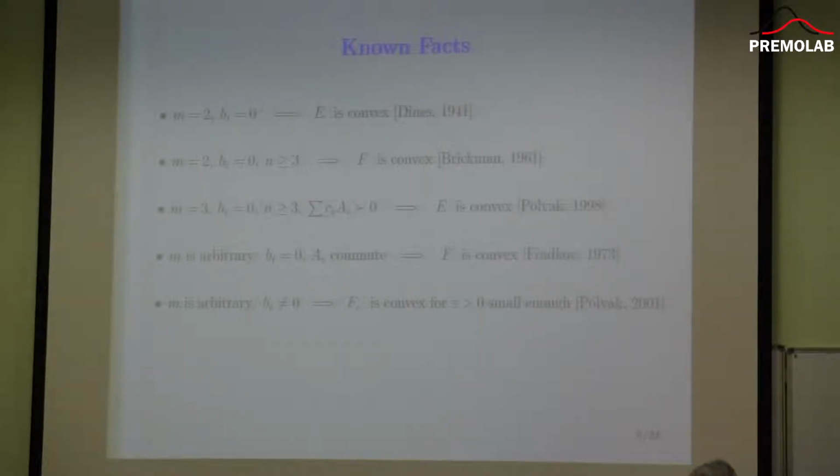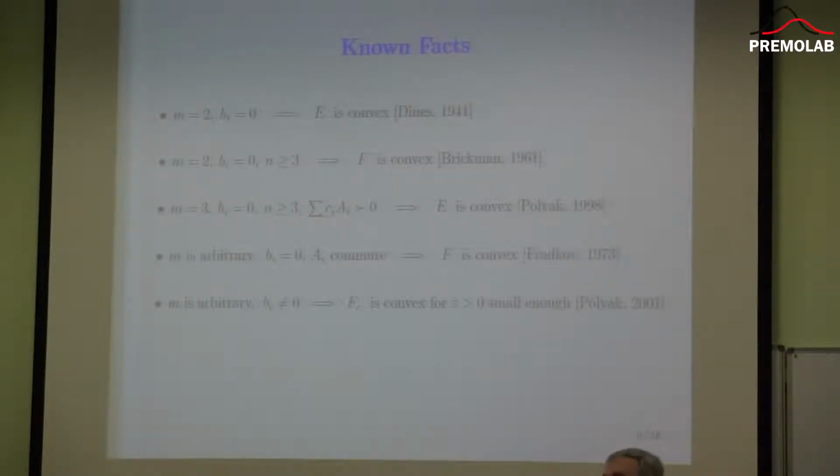Another result is about the convexity of the image of a small ball. I formulated the problem as an image of a unit ball, but let's deal with the image of a ball of radius epsilon. Then it can be proved that for epsilon small enough, the image of the ball is convex.